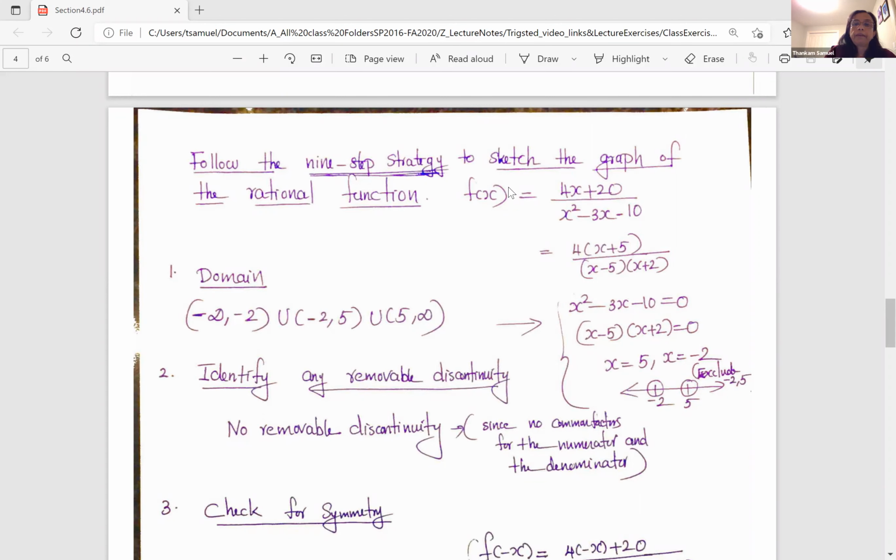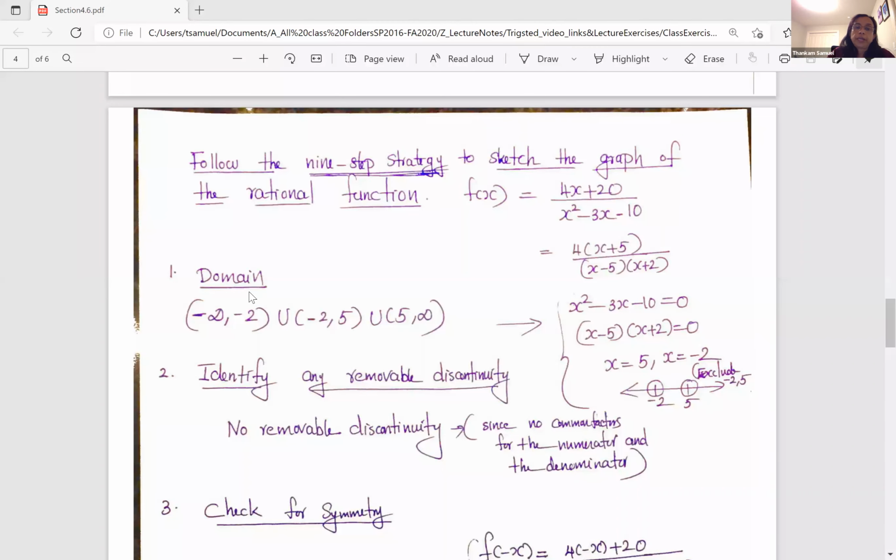The given rational function is f of x equals (4x plus 20) divided by (x squared minus 3x minus 10). The very first step is to find the domain.